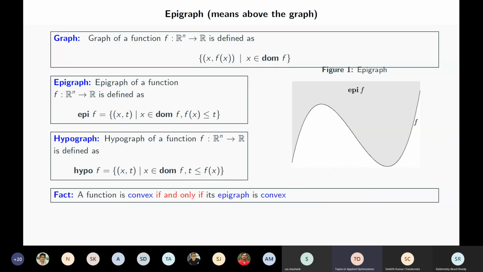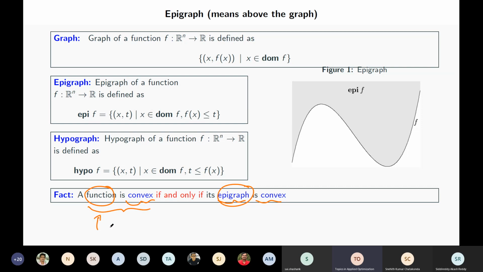So this is the result. A function is convex if and only if its epigraph is convex. So this function would be convex if the epigraph, as a set, is convex. There are two things we are relating. Here we are saying the function is convex, and here we are saying the set is convex.